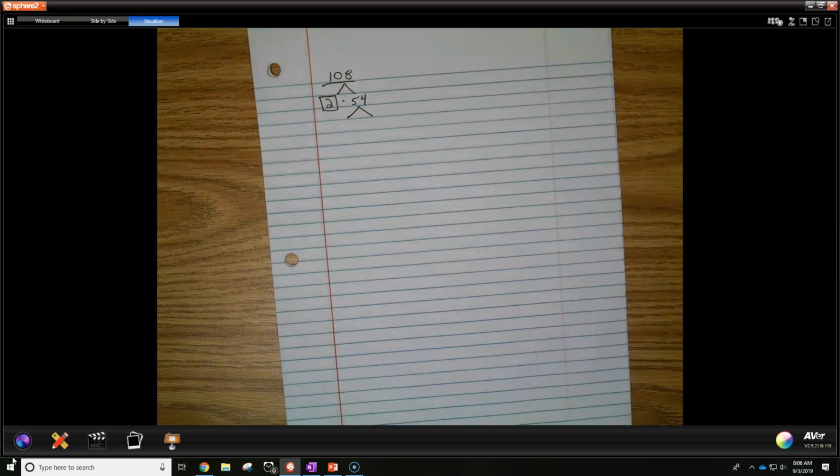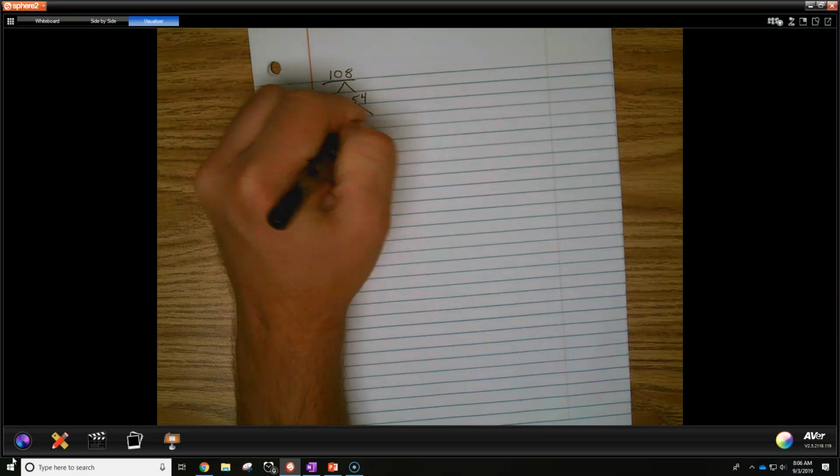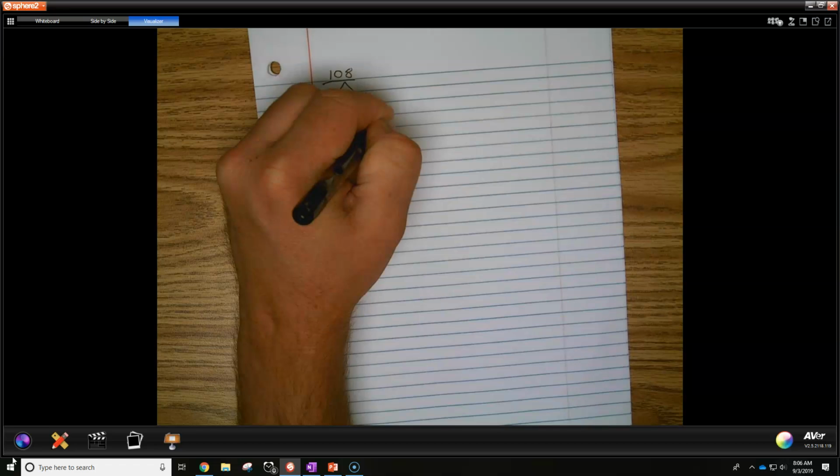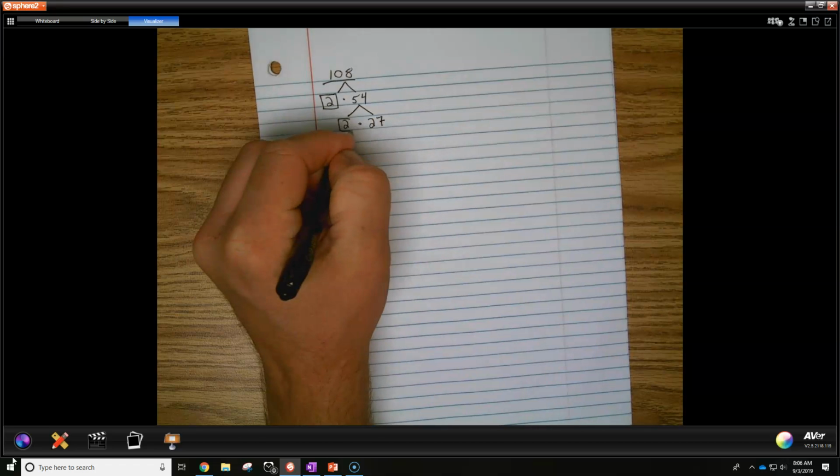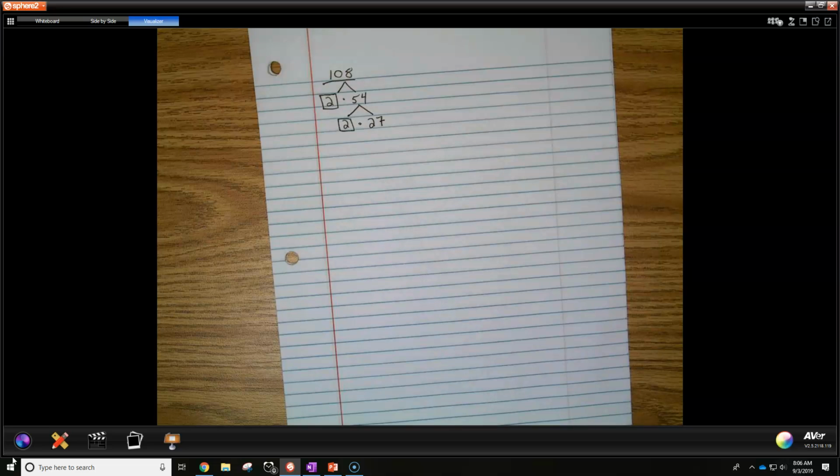Well, student A said, okay, 54 is not prime, it's composite, because 1 times 54 is 54, or I could do 2 times 27. Well, 2 is prime, so I'm going to box it in. I'm done with it.